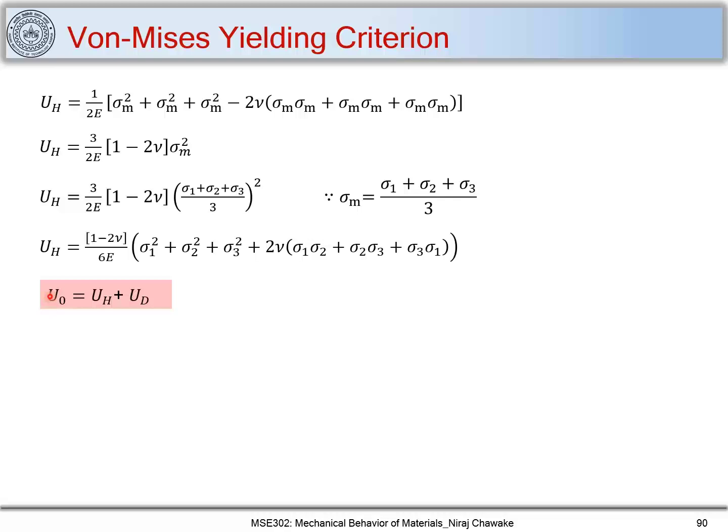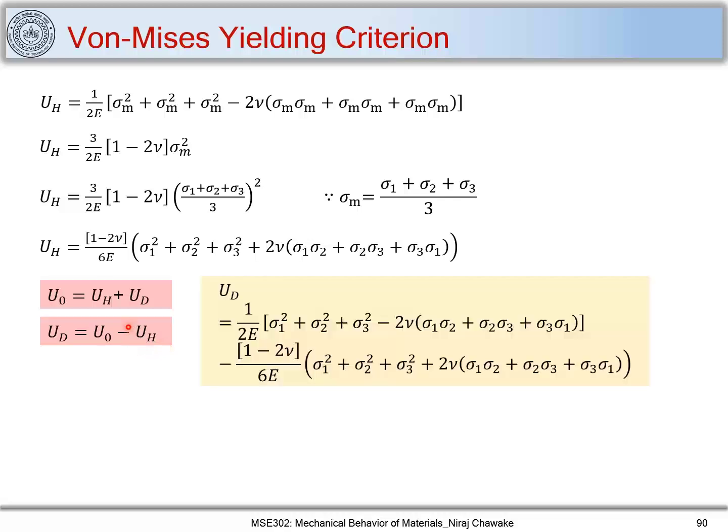So we know u naught, and we have just figured out the dilatational energy, and thus ud can be written as u naught minus the dilatational energy. That is the distortion energy which we have to find out, from the total strain energy which we have got and the dilatational strain energy. You just have to subtract these two terms and you get a value of ud.